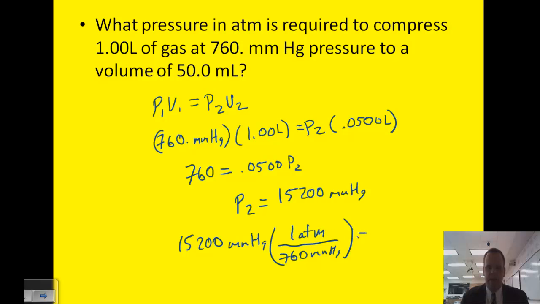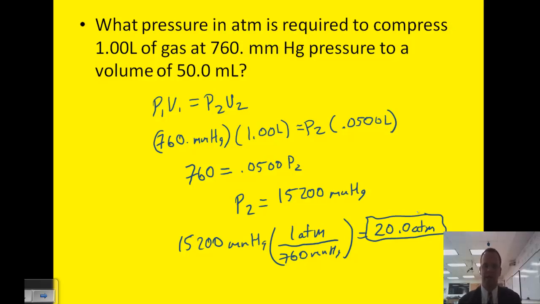So there's 760 millimeters of mercury per 1 atmosphere. We get 20.0. All the original numbers had 3 significant figures. So 20.0 atmospheres.